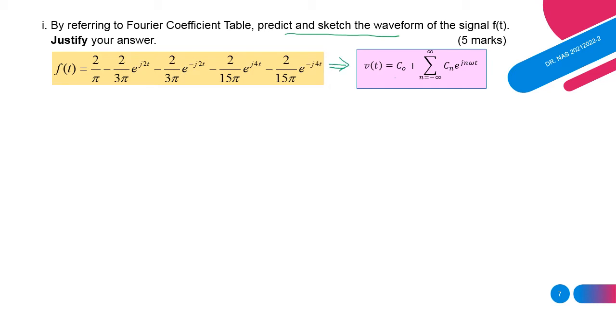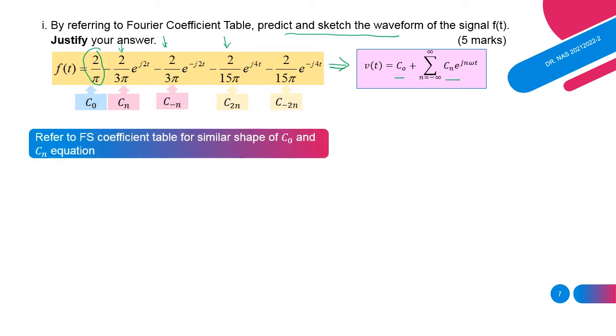So you have C0 plus Cn, the coefficients. Obviously from the given equation, the first one is C0, followed by Cn e^(jnωt), so this is your Cn and C minus n, followed by C2n and C minus 2n.